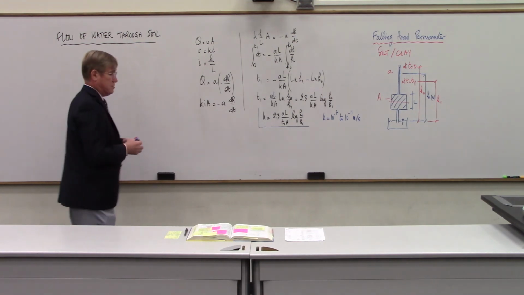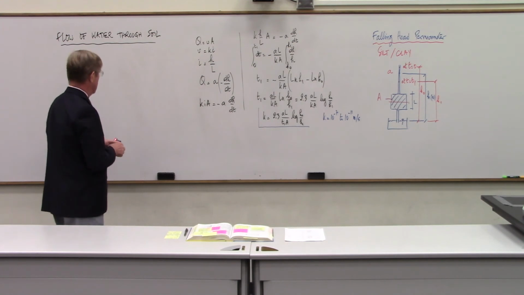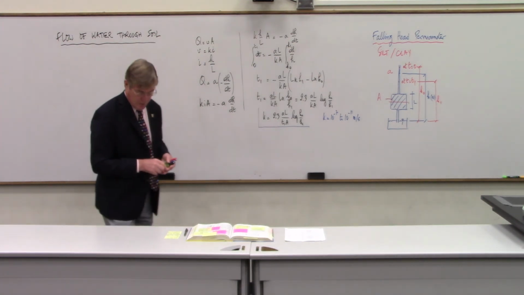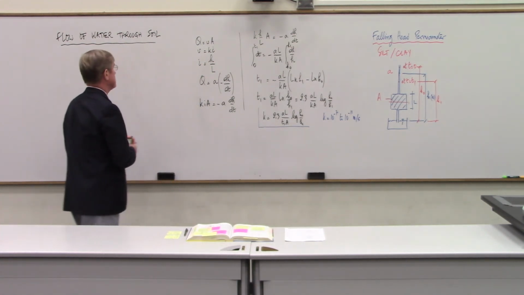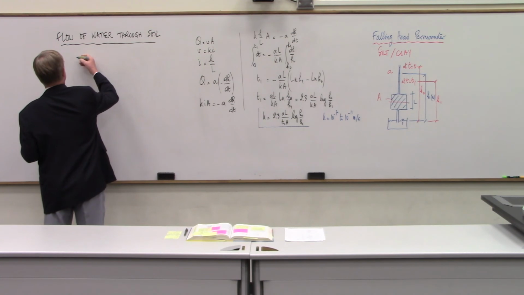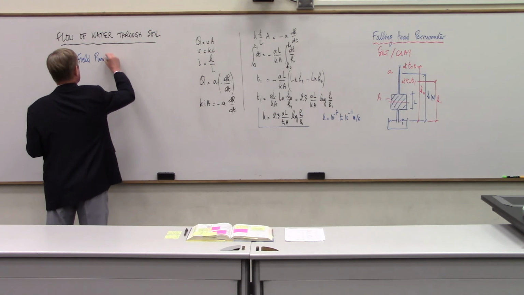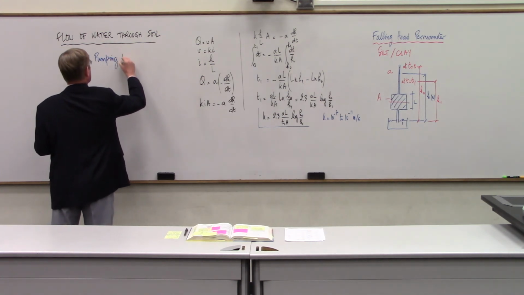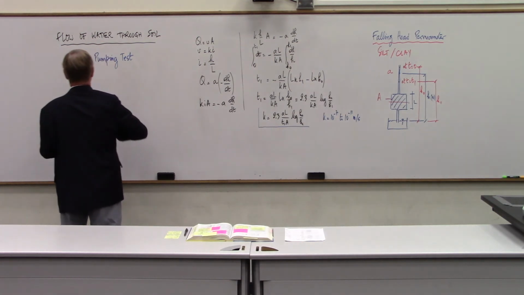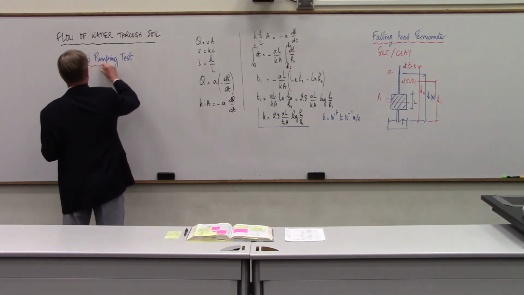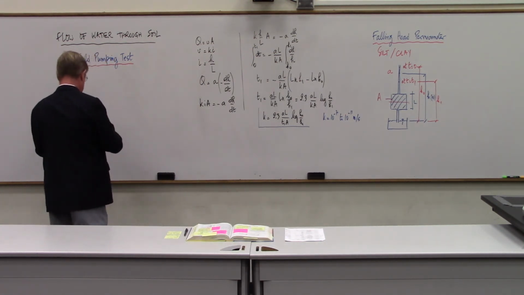And these field tests, there are a number of them. And the one I like is one that's relatively simple, and it's called the pumping test. So field pumping test. And the way that test works is you drill a hole in the ground, you go to the site, and you pump water out of the hole.